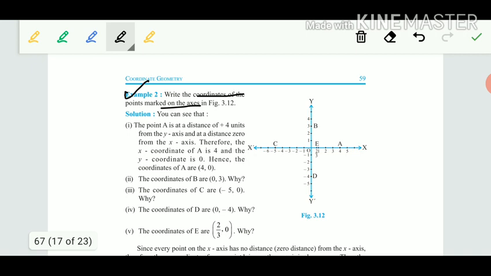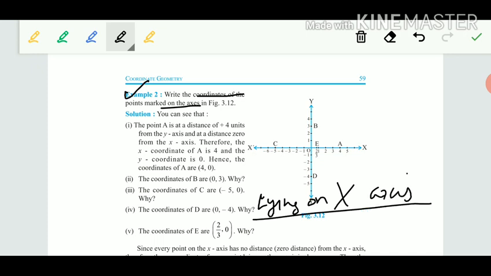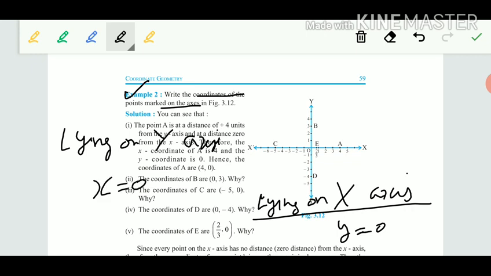Before starting this example, I want to tell you one thing. The points lying on the x-axis always have y value equal to 0. Similarly, the points lying on the y-axis have their x value equal to 0.